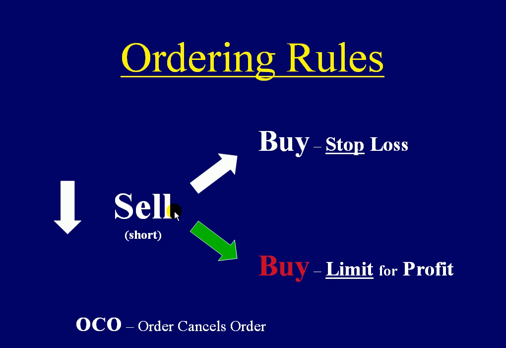Or if price moves in your favor, it buys back your short position at a limit for profit, realizing a profit. Now, when the limit for profit is triggered, then your stop loss is automatically deleted from your software, therefore avoiding you being exposed to being taken in the market at a future time and again costing you money, or potentially costing you money.